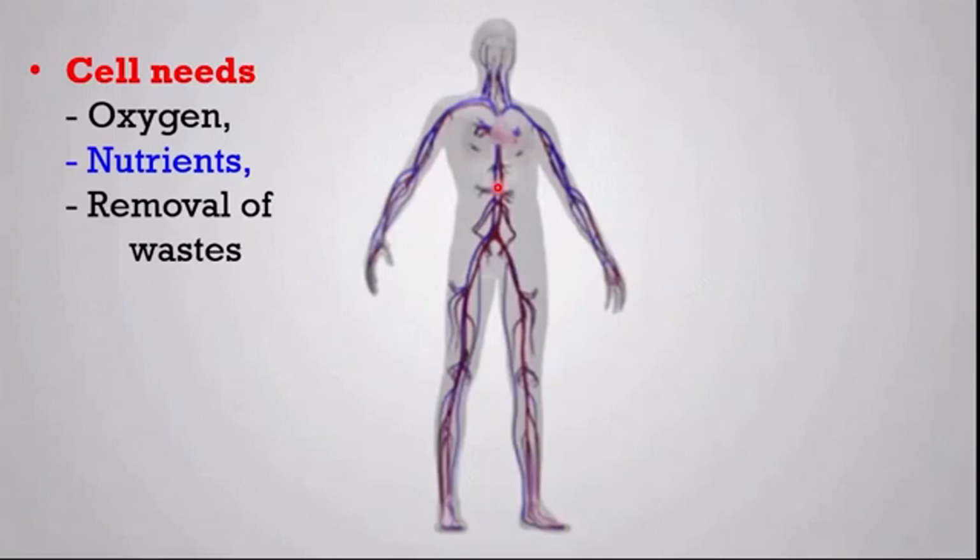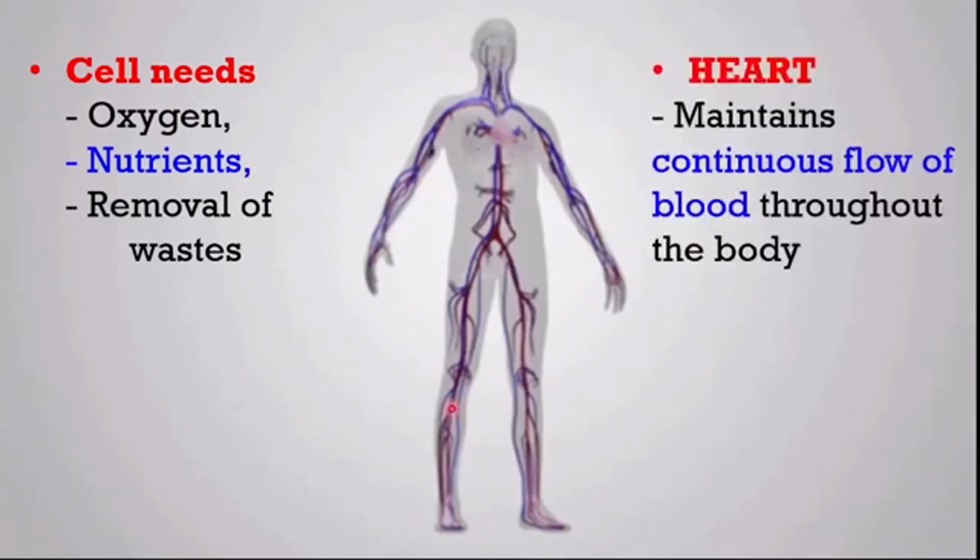It keeps the body tissues freshly supplied with oxygen and nutrients while clearing away the harmful waste materials. Without the heart, the body would not be able to receive vital oxygen and nutrients. If the heart stops functioning, the body is starved of oxygen and will soon die if it is not restarted. This is about the importance of the heart in our cardiovascular system.